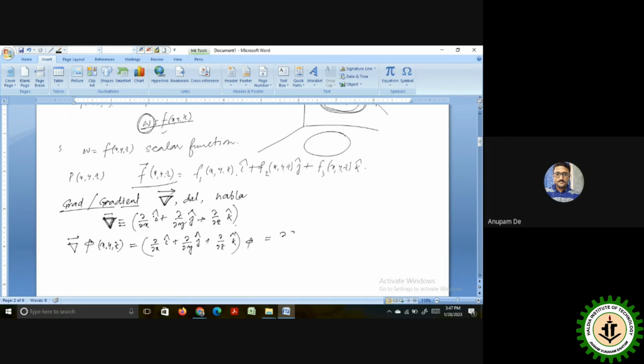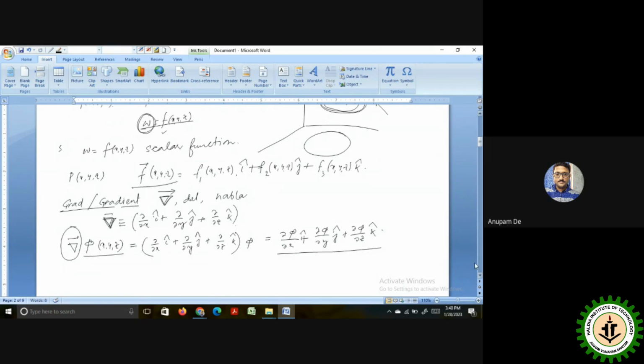This will give you del phi/del x i plus del phi/del y j plus del phi/del z k. Now see, a scalar point function, whenever we operate with nabla, we get a vector.